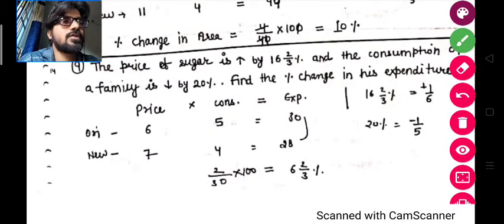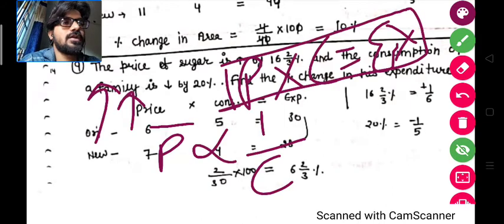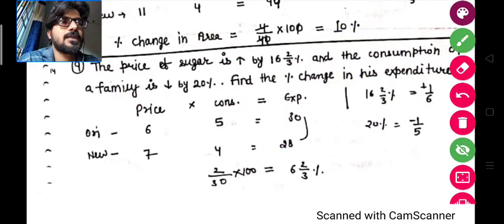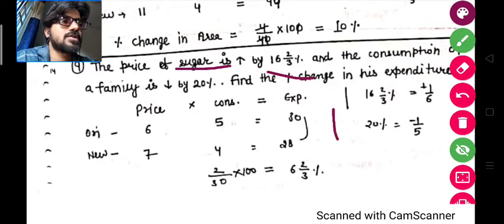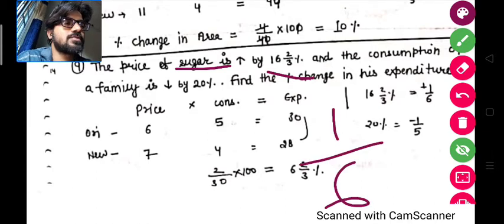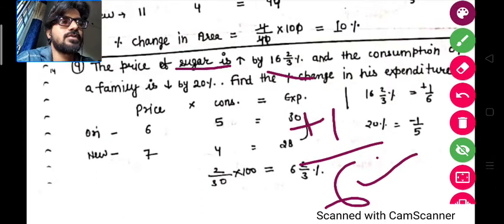The price of sugar is increased by 16 2 by 3%. Means the original number was 6, since 16 2 by 3% is 1 by 6. So the original number was 6 and the increased number is 6 plus 1, 7.